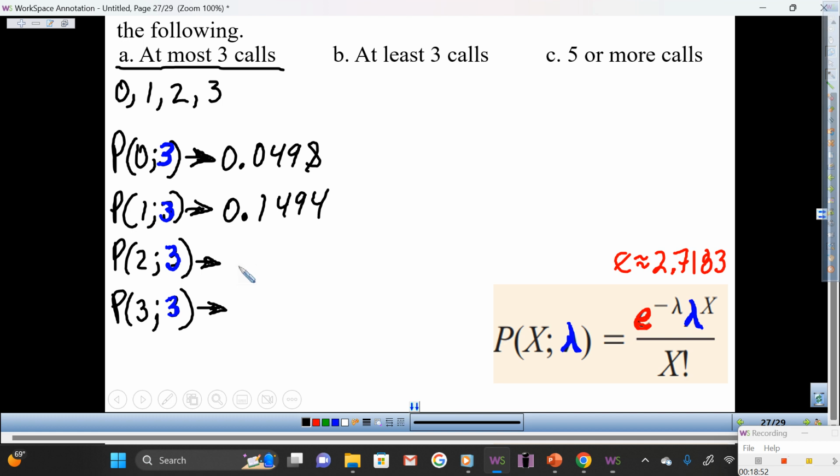Who's got P of 2, lambda 3? Zach, you got P of 2? Okay. Mel? All right, I'll give you guys a little bit more time.